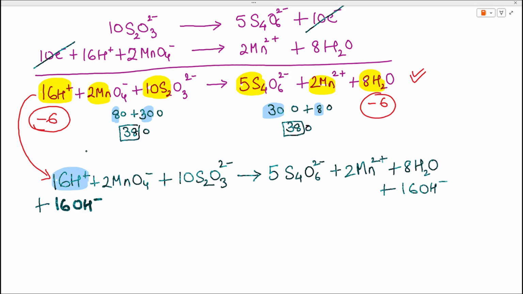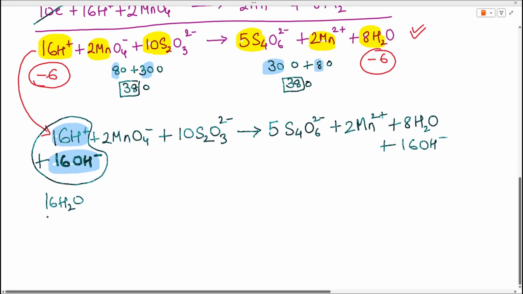Now what was the point of doing this? Here 16 H positive and 16 OH negative together make 16 water molecules. So do you see how we have no H positives now?